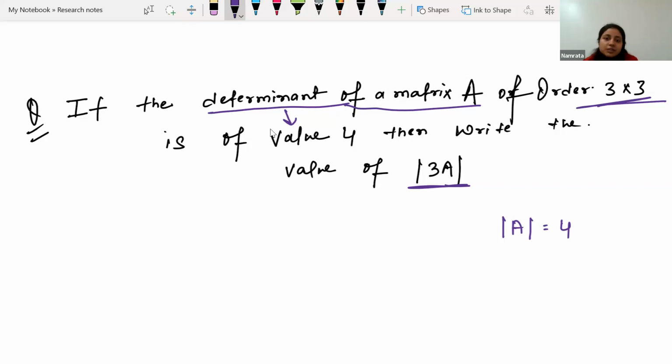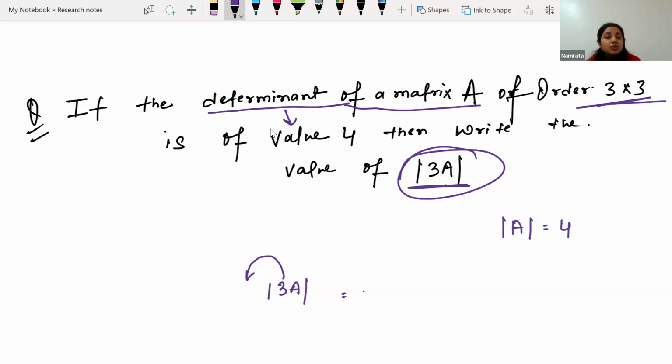Now it says that if the determinant of A is 4, then write the value of this one. Again, we can apply the same concept. If the order is 3 cross 3 and we have 3A like this, then if we take out 3 from the determinant, we have to take out 3 from each and every row, or we can say 3 common from each and every column.